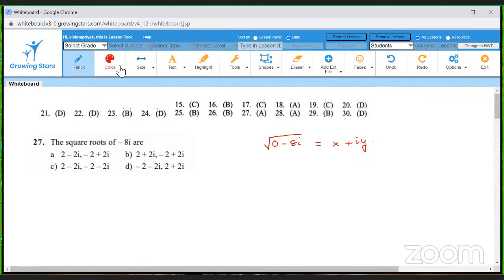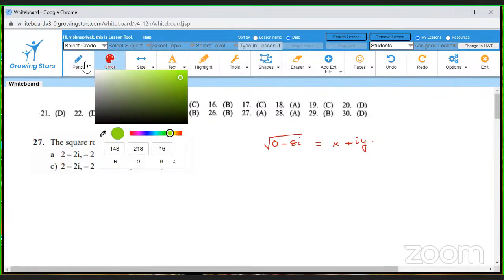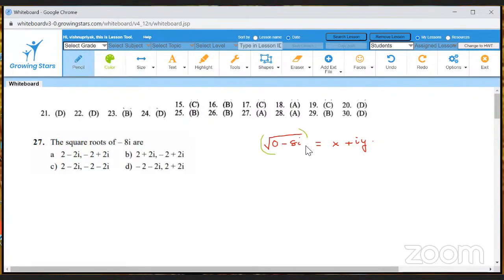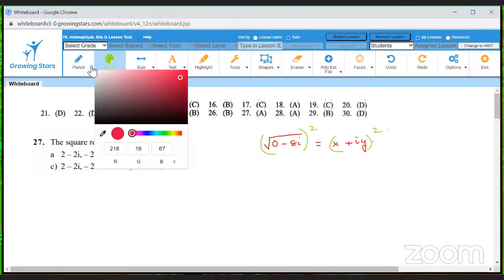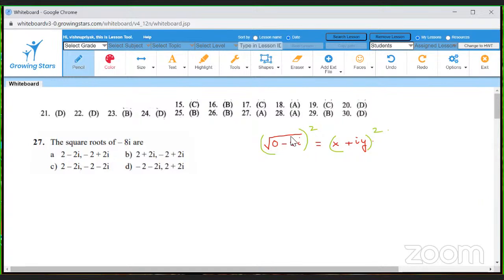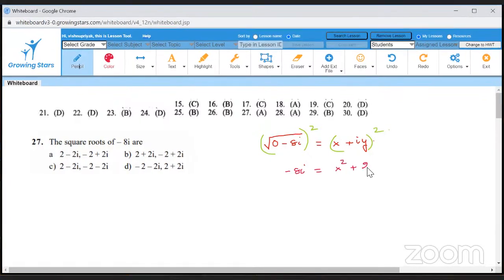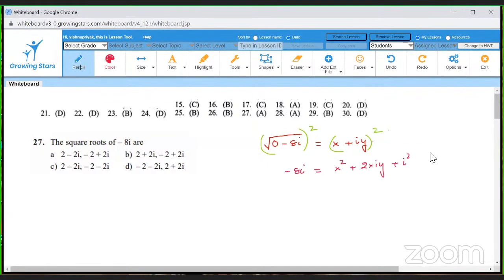If you square both the sides, to remove the square root, then the square root and square will cancel. Minus 8i equals x square plus 2xiy plus i square y square.